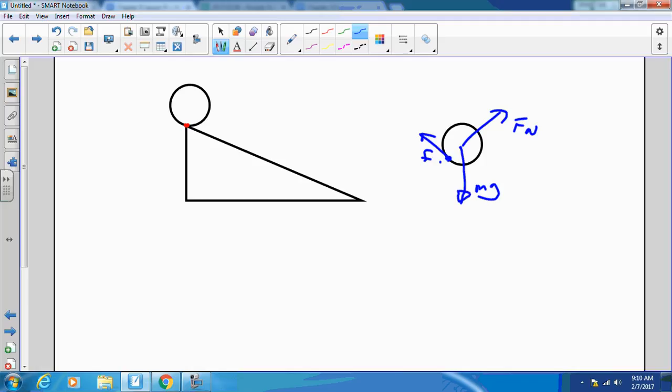And that frictional force is going to now cause rotation about the center to get the whole thing rolling. And it is also going to retard the motion of the object so that its acceleration will be less than that of g.